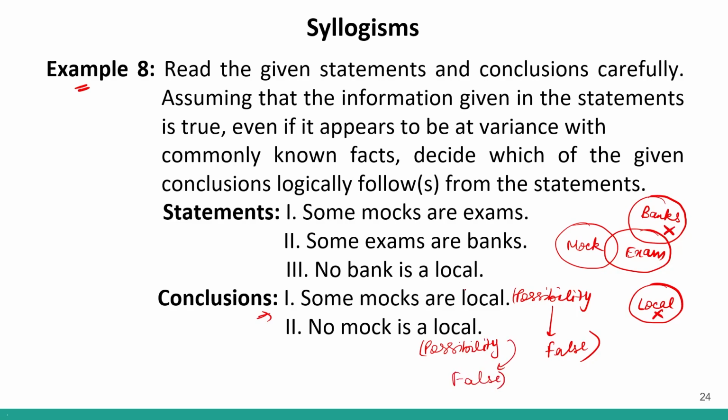But now look at conclusion number 1 and 2. Conclusion number 1 and 2, either of the one will follow. Okay? Mocks will be like this or they will be like this. Correct? One of the two. So either there will be some mocks that are local or there will be no mocks that are local.